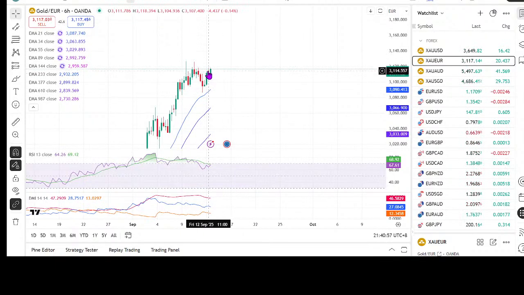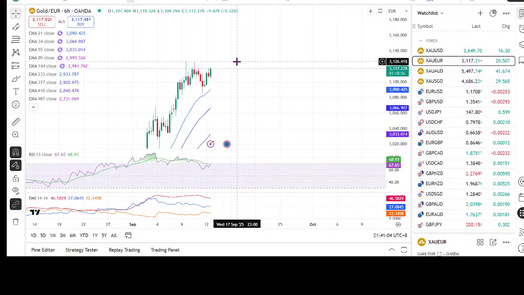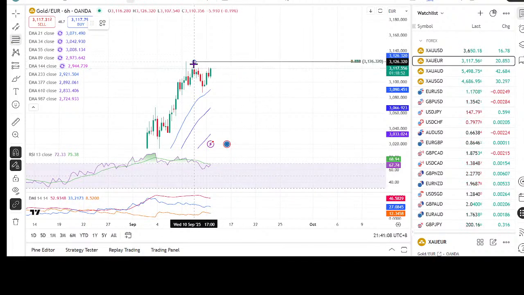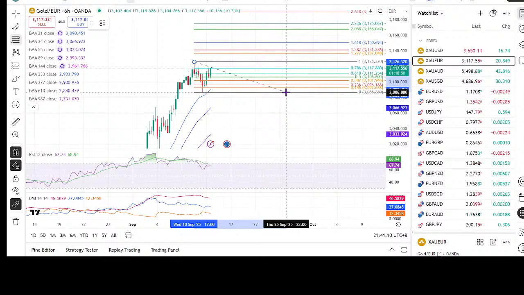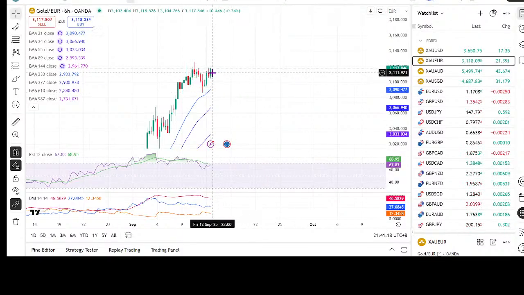So most likely we should see the price clearing 18.5. If it clears, then the next barrier is 26, and once it breaks 26, then we can see the price heading towards 40 and 50. Okay, so these are the next two targets for gold euro.